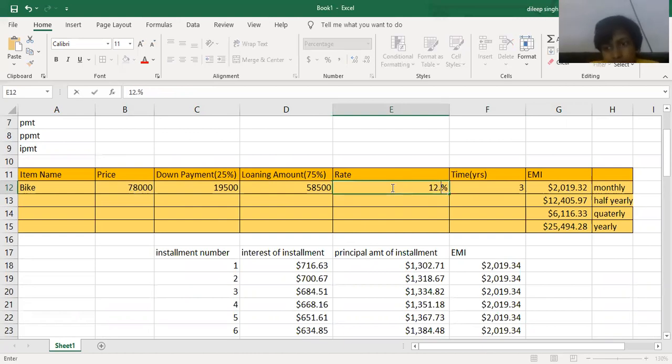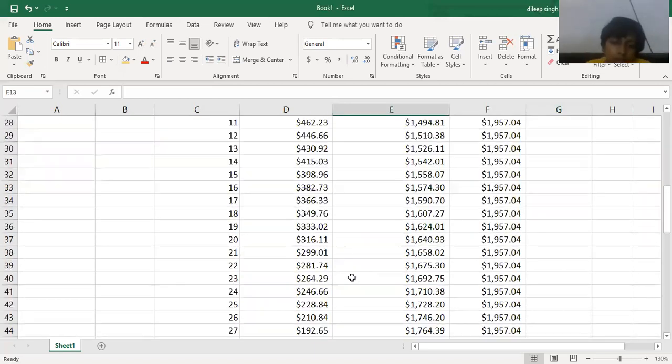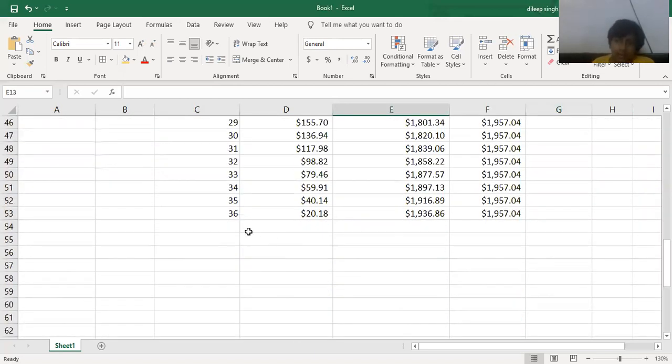For example, if you have 12.5%, according to this, it will automatically calculate it. Okay, so we can change the time directly, rate directly, and price, nothing else. It will automatically calculate the down payment and loan amount and EMI. And here it also calculates all the amounts like this.